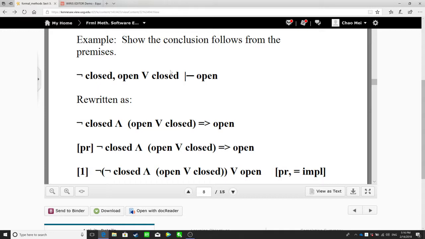So there is something there, because valve open is the conclusion and we have the premises. It seems like we should have enough premises to get this conclusion. So let's see what is here.